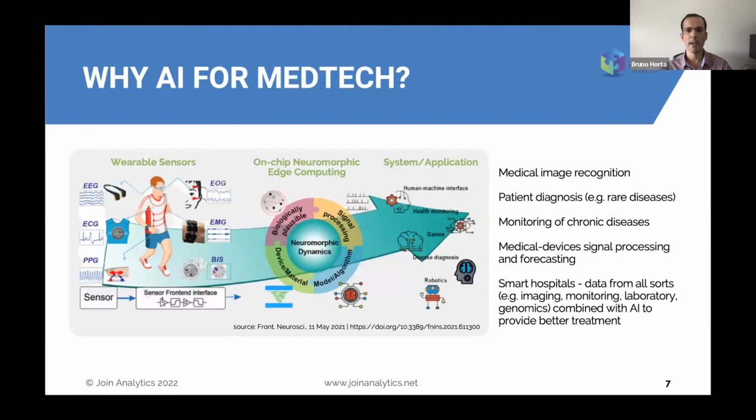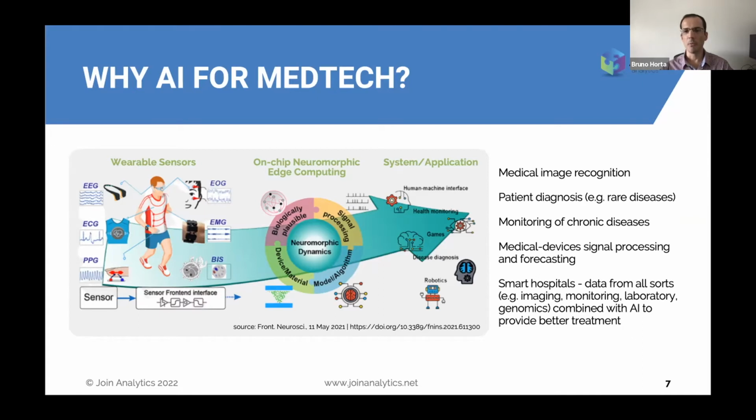What about medtech? Medtech is another industry that's benefiting a lot from AI. For example, in medical image recognition, there are many AI methods nowadays to help doctors look at MRI images, ultrasound images, tomography images, diagnosis of patients, rare diseases, for example, monitoring of chronic diseases.